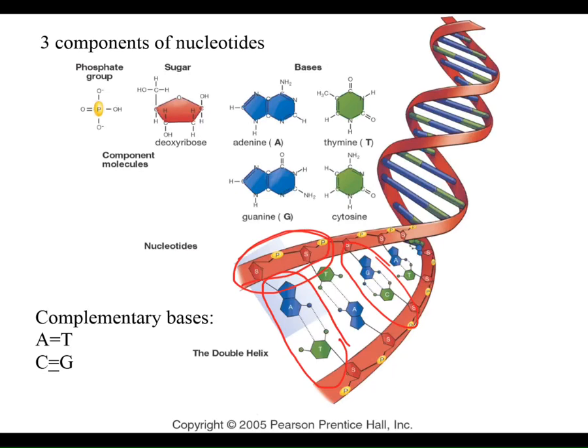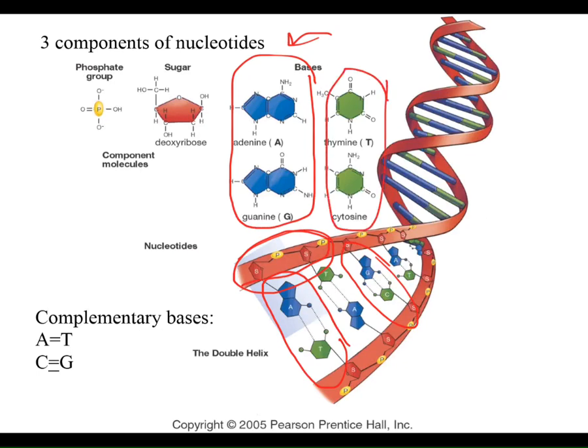If you look at that diameter and you look at these molecules, what you're going to find is that A's and G's are these double molecules, these big molecules. I'll get to the base names in a minute. And the C's and T's are single.